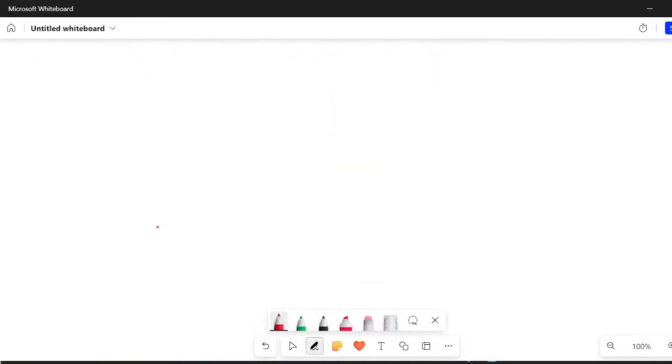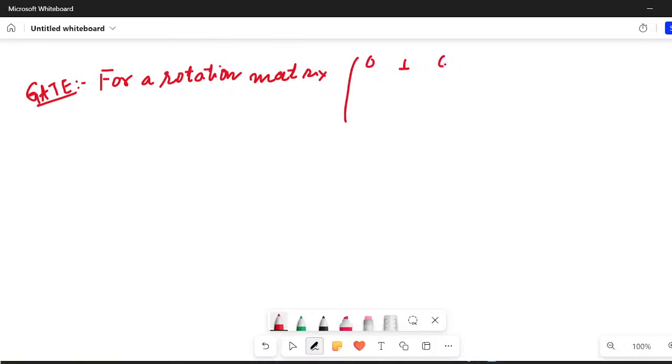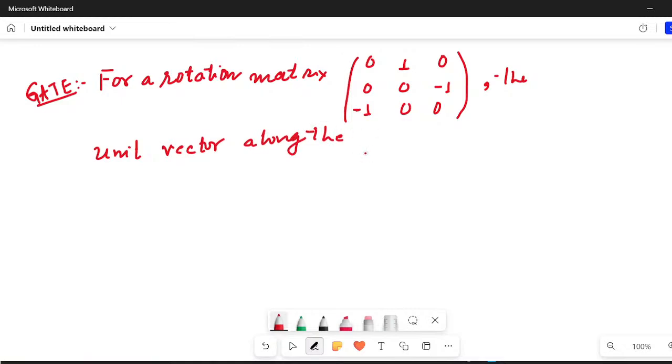The question says, for a rotation matrix that is given to you, 0, 1, 0, 0, 0, minus 1, and then minus 1, 0, and 0, the unit vector along the axis of rotation would be, I'm not giving the options, just try to find what would be the unit vector along the axis of rotation.